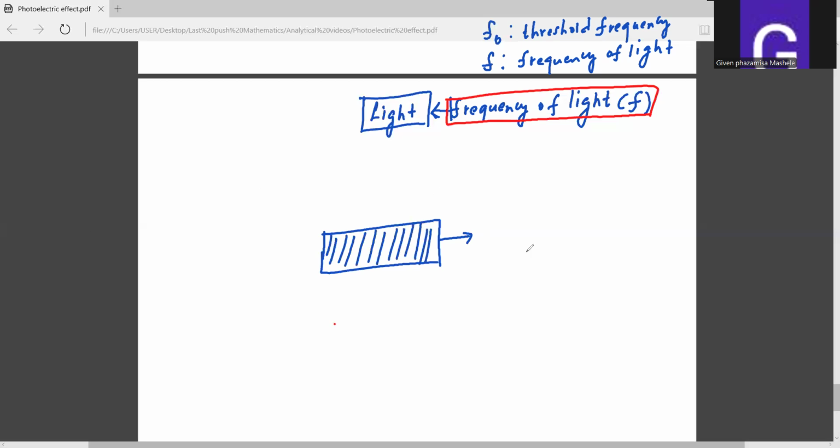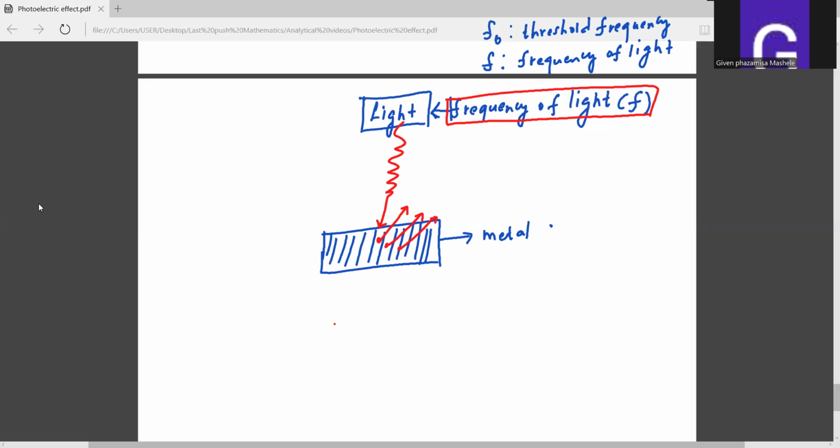This is the surface of the metal. If we shine this light onto the metal, there's a possibility that the metal can release electrons. Not always will the metal release electrons when light shines onto it.